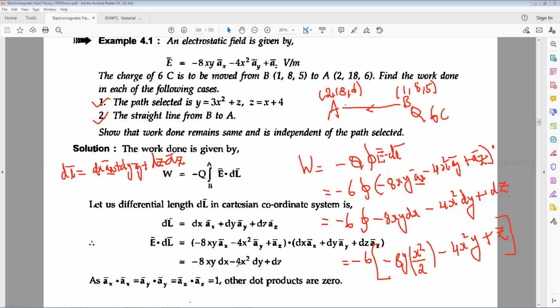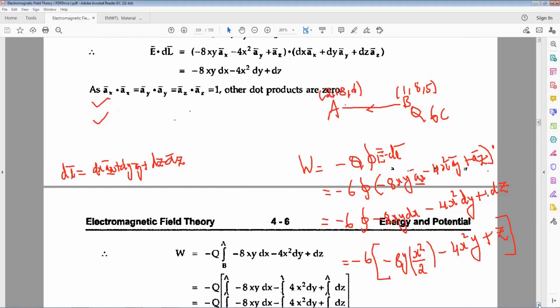So minus 8xy dx minus 4x square dy plus z, and z is equal to x plus 4.